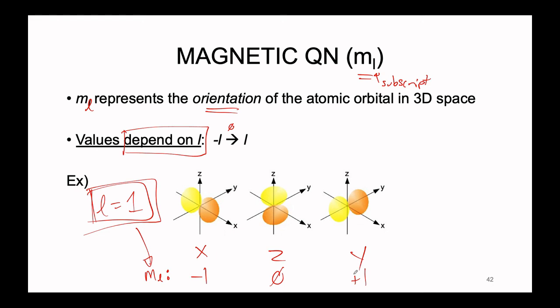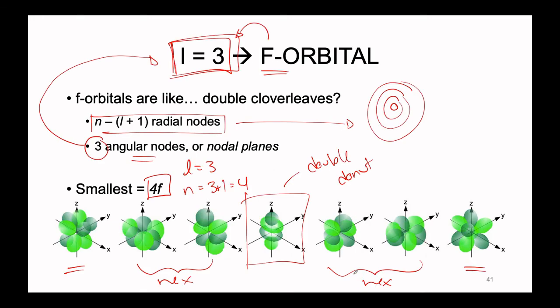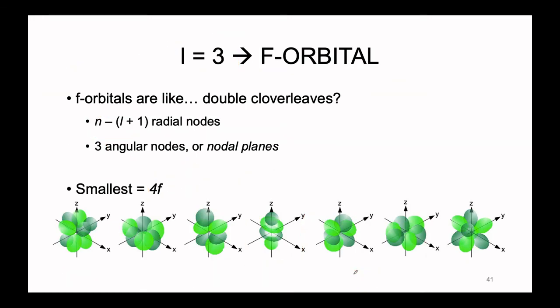So let's say if we go back to our F orbital, and I'm going to clean this slide up a bit. Since an F orbital always corresponds to an L equal to 3, we would predict, even without looking at all of these pictures down below, the M sub L values have to run from negative 3 all the way up to positive 3 and include every integer in between.